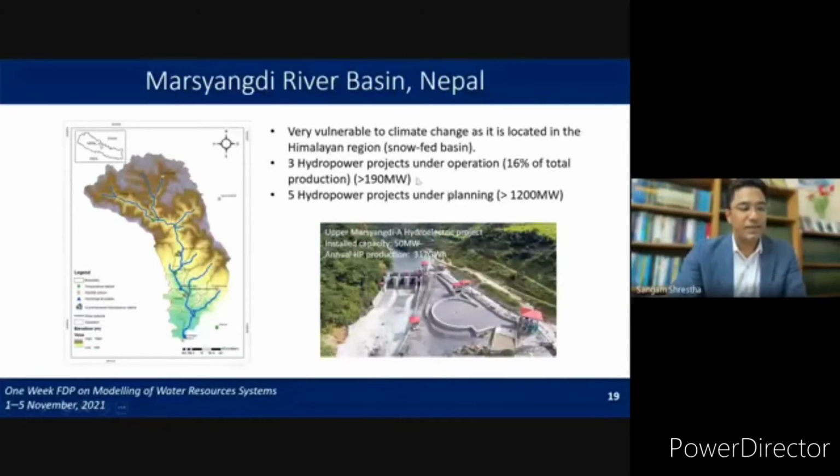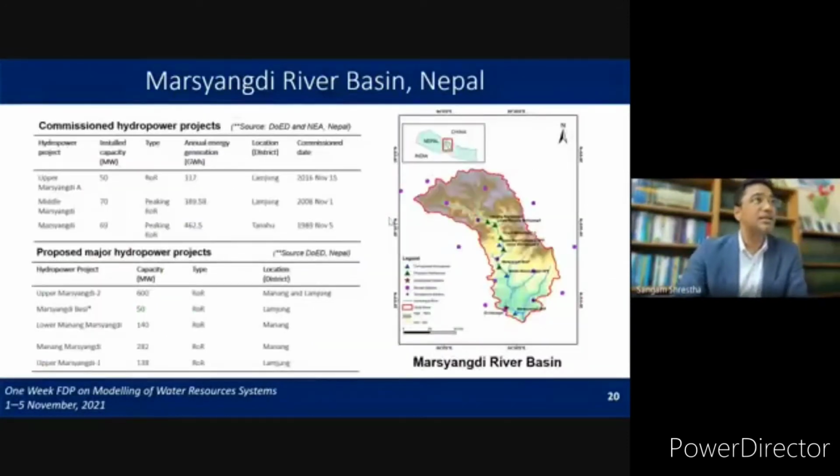And there are 5 hydropower projects under planning, with an installed capacity of more than 1,200 megawatt. And you can see the list of the existing or commissioned hydropower projects and the hydropower projects under planning.